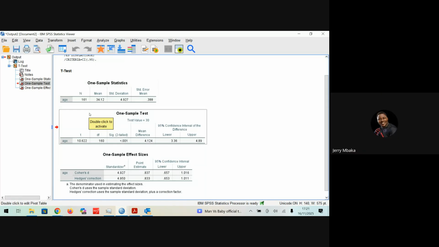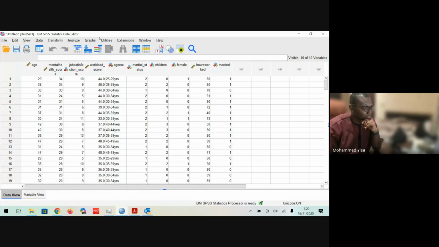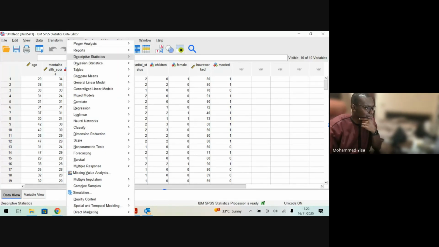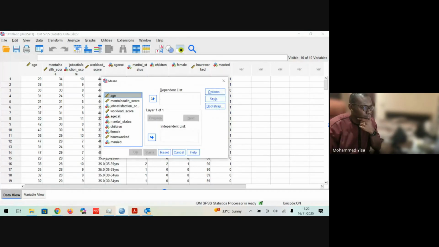Okay, sir. My next question is, is there anything we will do in SPSS if we are directional about our hypothesis, whether I want to say it is less than or greater than, that will change the statistic? I am sure that is quite possible. I've not tried that before, but we can go into the means table.